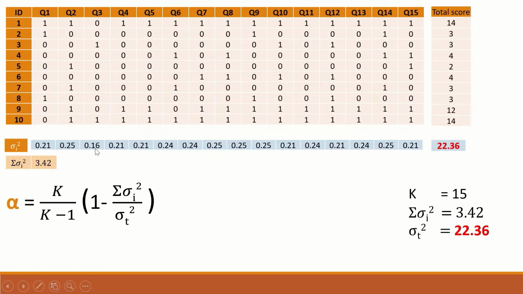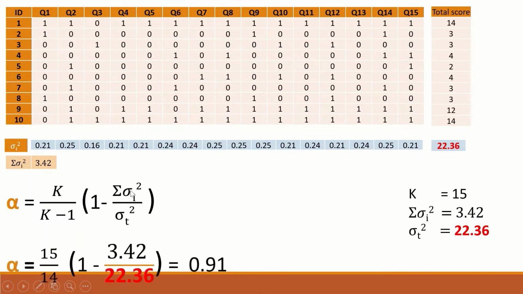For the equation as shown here, k is equal to 15, as we have 15 multiple choice questions, and the summation of the variance is equal to 3.42, and the variance for the total score is calculated.